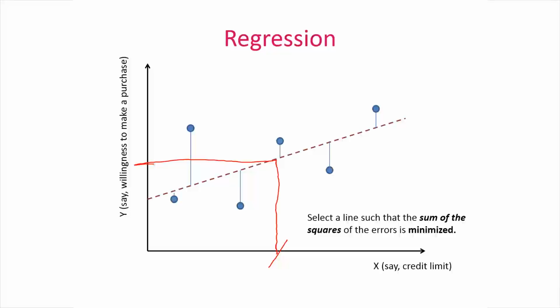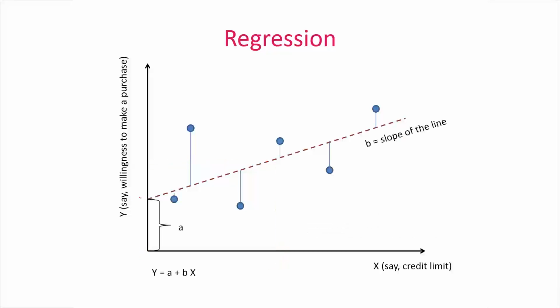But let's imagine the following. What happens when X is 0? What happens at this point? We're going to say, well, there's still some very basic purchase intention. And that basic purchase intention is something that we're going to call the coefficient or the intercept. So A on this picture is the intercept. It is the value of Y when X equals 0. And B is the slope of the line.